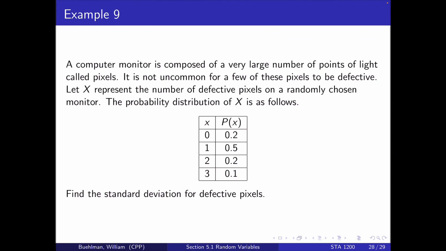Example 9, we're back to that computer monitor example. It has the same probability distribution. This time we're going to find the standard deviation for the number of defective pixels.